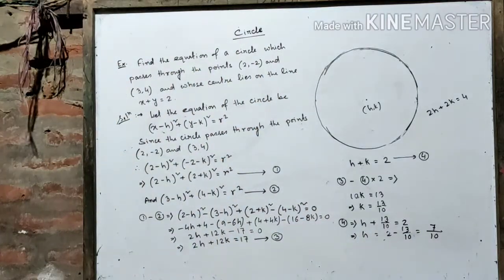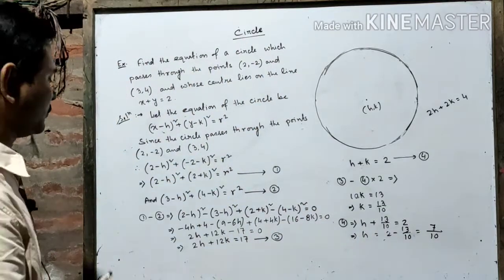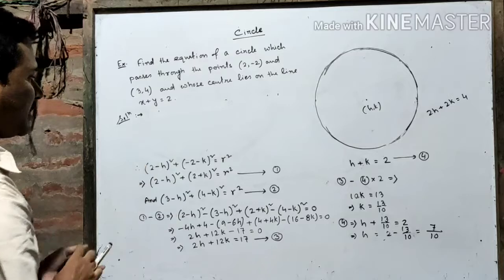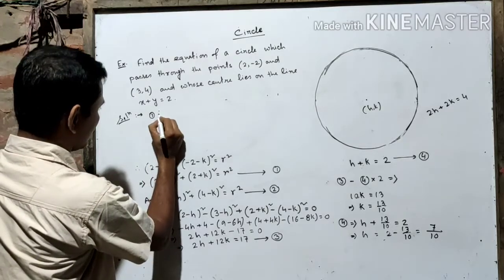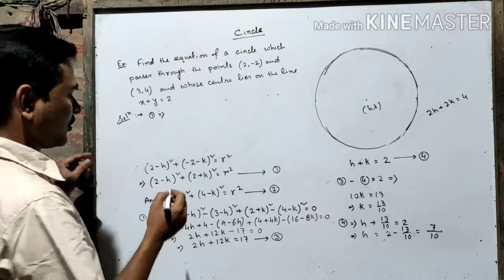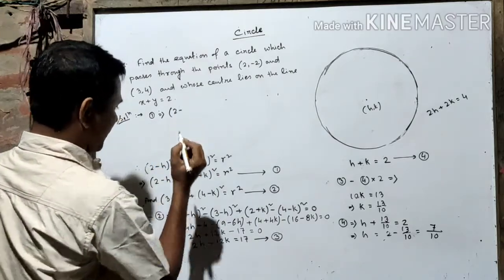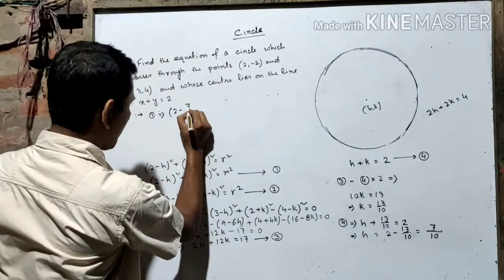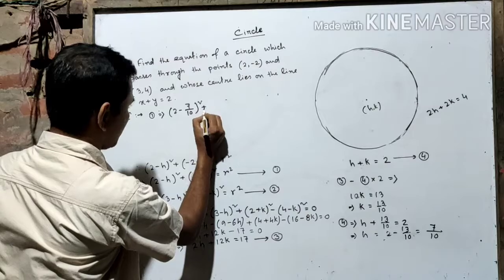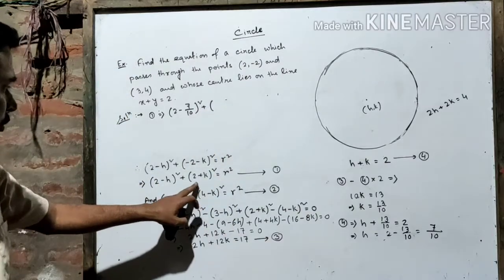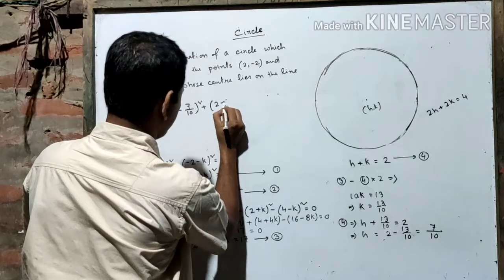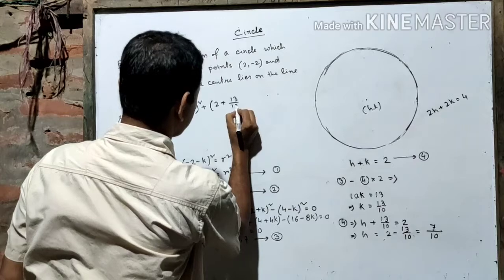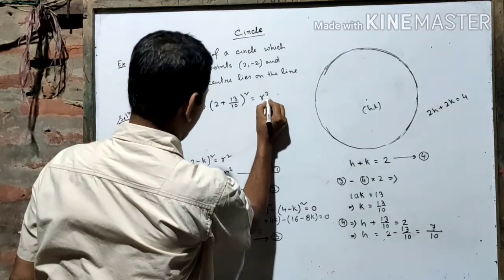Now we will find the value of r by putting in any one of 1 or 2. So let us put these values of h and k in, say, equation number 1. On putting the values of h and k, 2 minus h, h means 7 by 10, whole square plus 2 plus k, that is 2 plus 13 by 10, whole square is equal to r square.